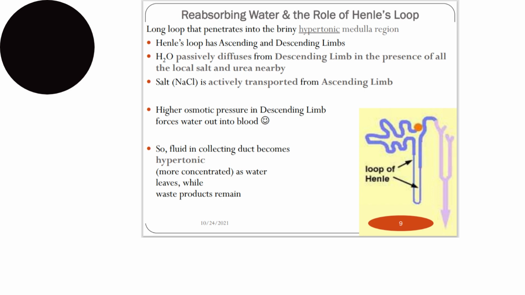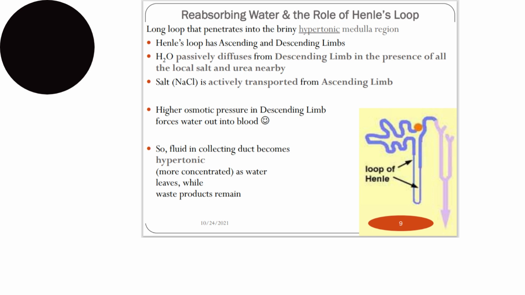Alright, this is the anatomical structure of the loop of Henle. Okay, ascending and descending limbs, so a U shape. Most water is passively diffused, or reabsorbed by osmosis.